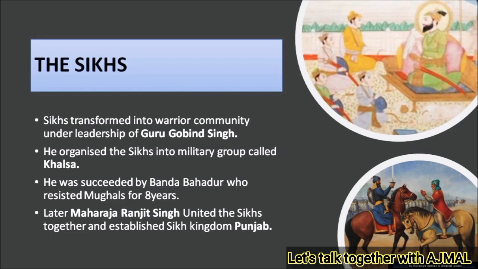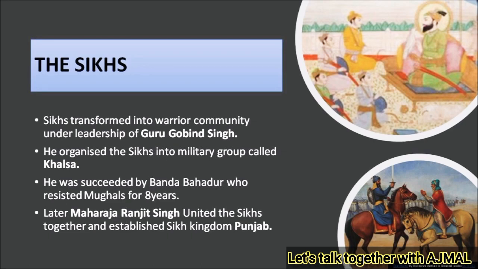After the execution of Guru Tegh Bahadur, Guru Gobind Singh Ji organized the Sikhs and transformed them into a warrior sect known as Khalsa. The function of this warrior sect was to oppose the wrongdoings of the Mughals. The chain of revolt of the Sikh community against the Mughals continued from one generation to another.